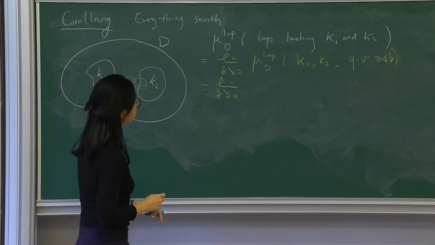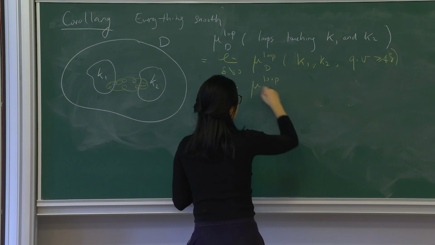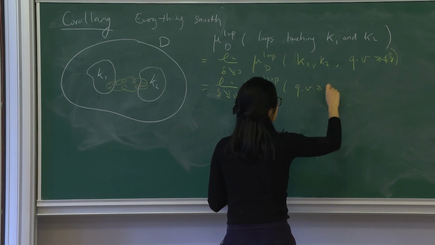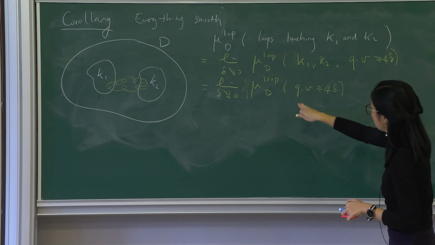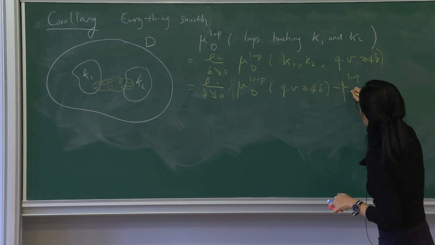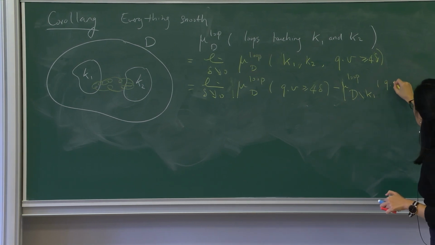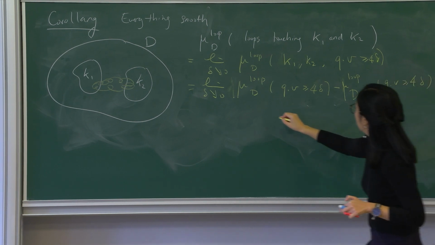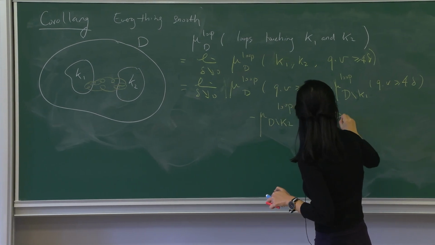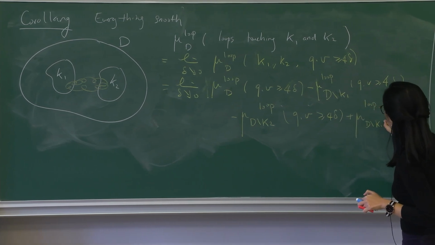Okay, how can I write this? The loops touching both of them, I will write as the Brownian loops of D with quadratic variation larger than 4 delta, all the loops in D, minus mu loop of D minus K1, those contained outside of K1, also with quadratic variation larger than 4 delta, minus the same for D minus K2, plus mu loop of D minus K1 and K2.